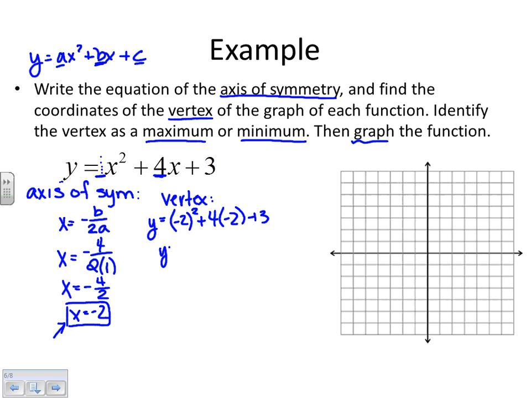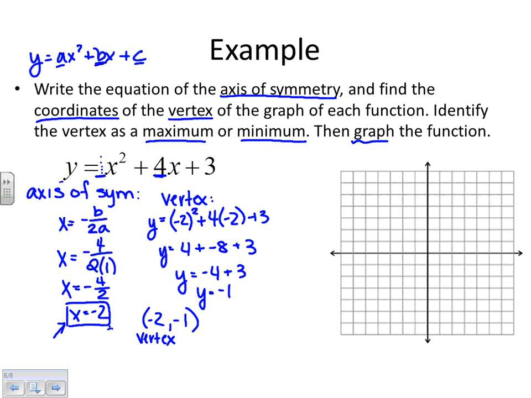And that's y equals 4 plus -8 plus 3. Y equals -4 plus 3. Y equals -1. Now it asks for the coordinates of the vertex. So the coordinate is actually going to be -2, -1. Okay, so this is the vertex.